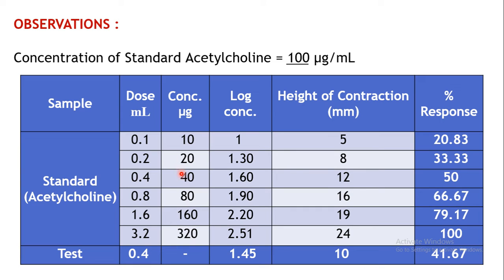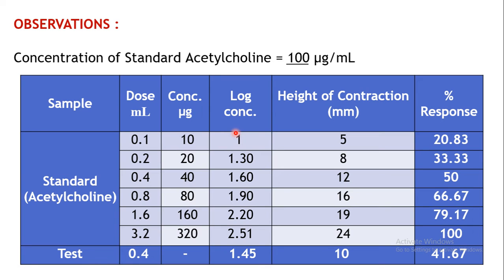From this you need to calculate the log concentration. That is, find out the log of your concentration. Ideally, rather than plotting the concentration on the x-axis, you can plot the log concentration. The reason behind this is your curve will become straighter when you plot log concentration.